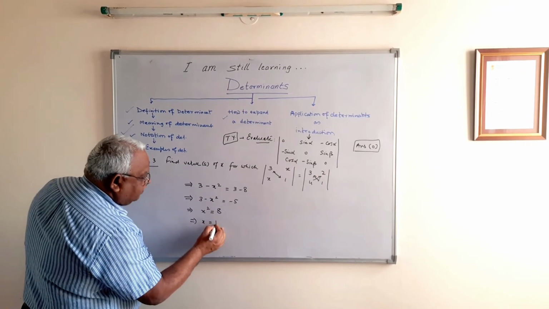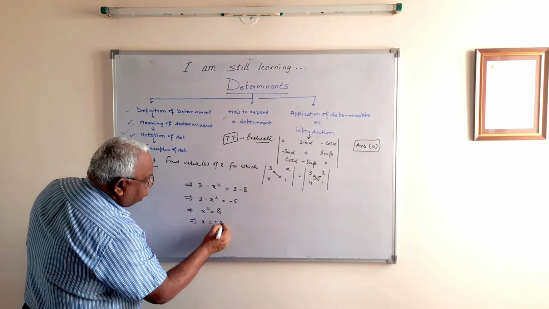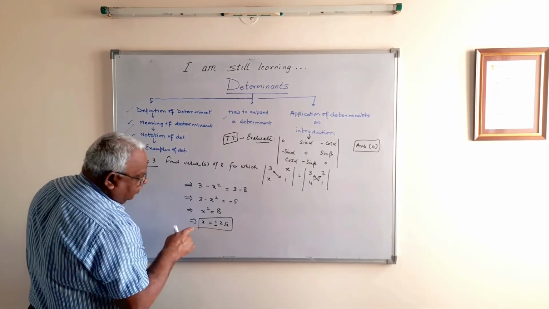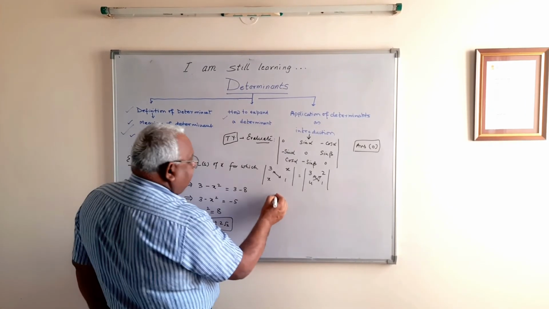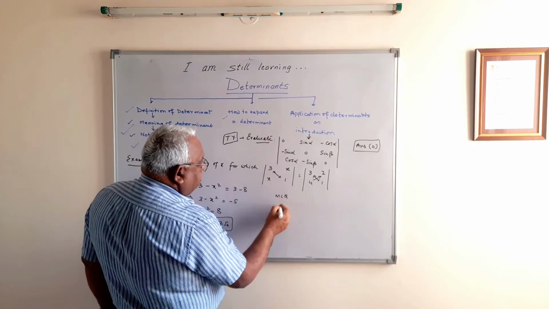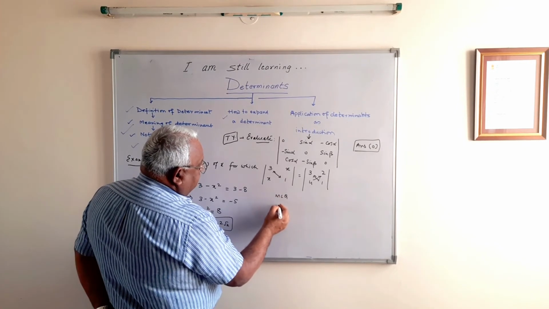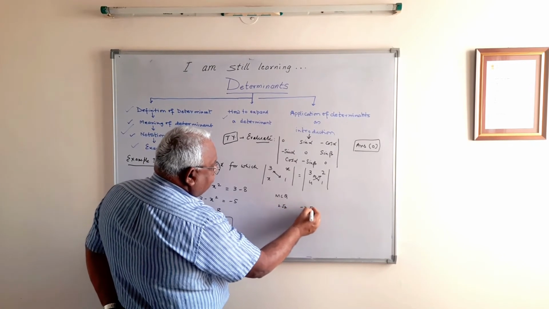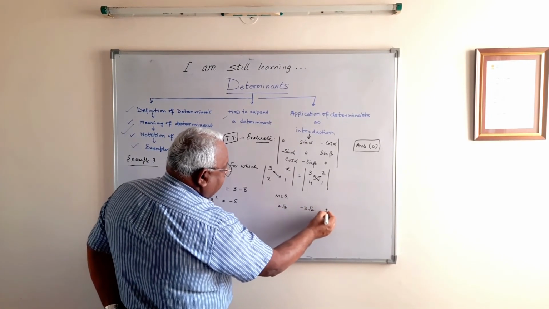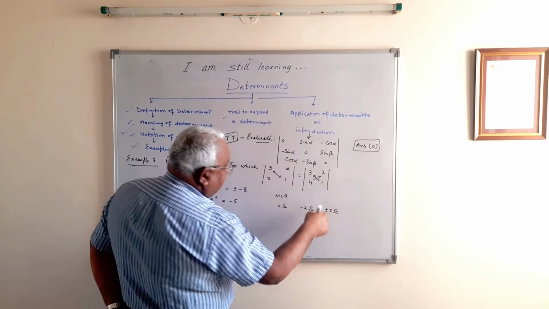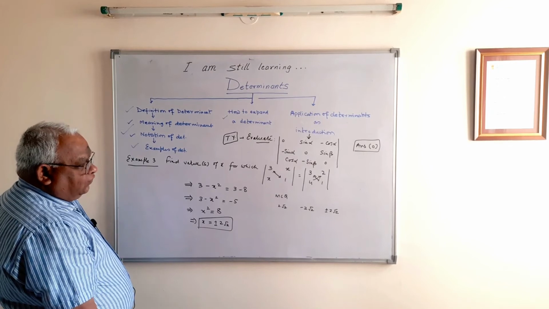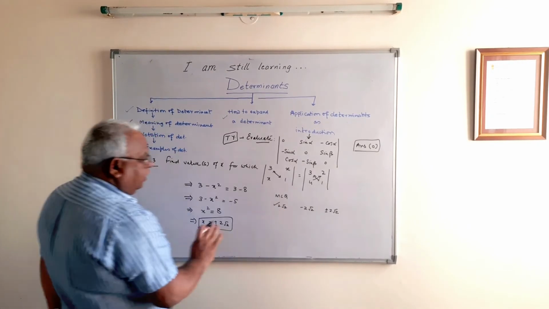When this question comes in the MCQ, if the same question is asked in the MCQ, your answer will be 2 root 2 also exists, minus 2 root 2 also exists, and plus minus 2 root 2 also exists in the options. So the moment you write 2 root 2, you will get 0.